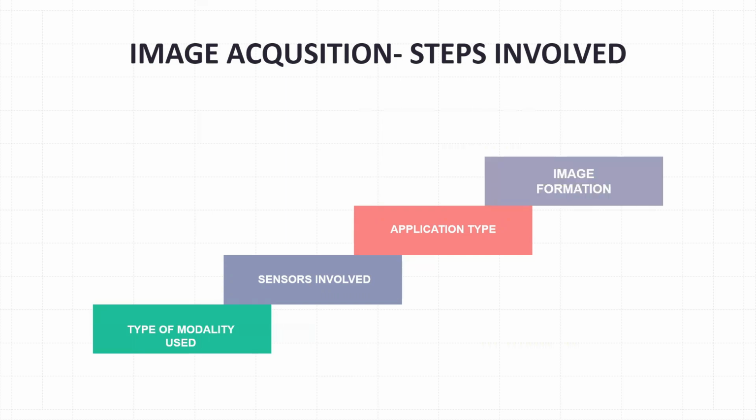Next one, image formation. It is very important in image acquisition how the image is formed. The image is formed mainly based upon the eye vision, how we capture the image. And in this image formation, the main point to be remembered is the illuminance.